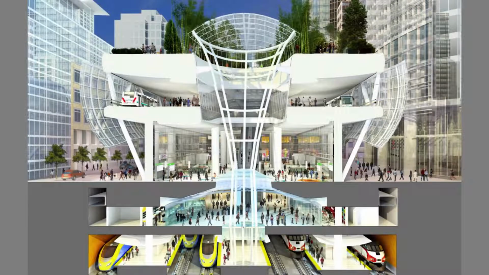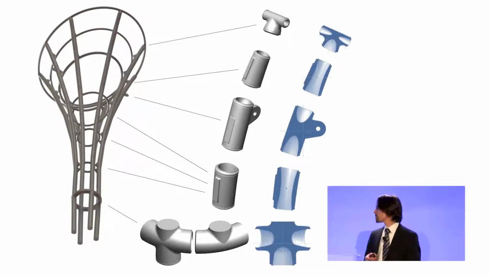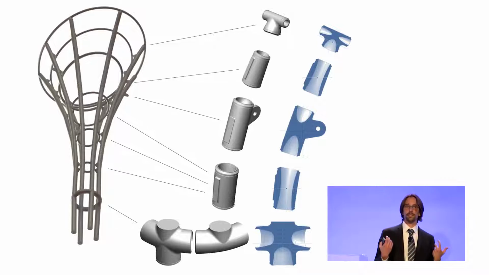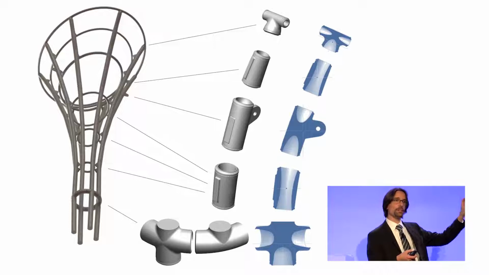A section cut through the Transbay Transit Center shows its 150-foot tall light column or oculus structure. This particular structure is completely comprised of cast nodes and tubular connections. And this is particularly interesting because on the outside, those castings actually don't look that complex. You can see they're almost like just little macaroni noodles, if you will.